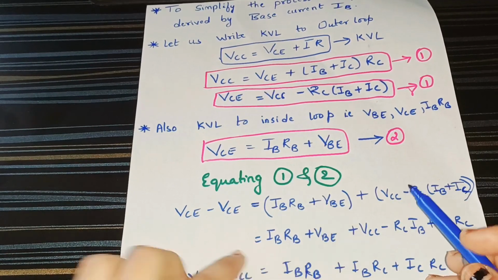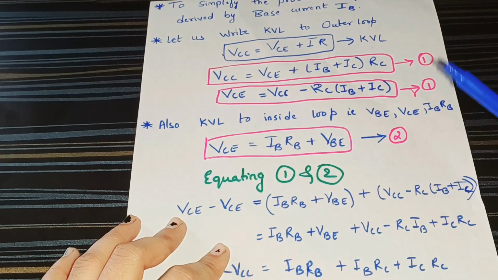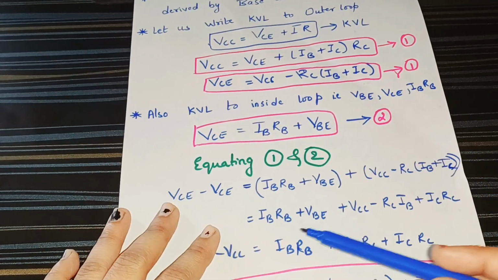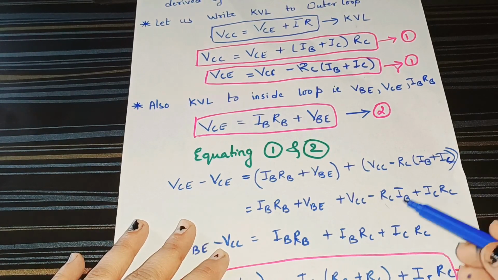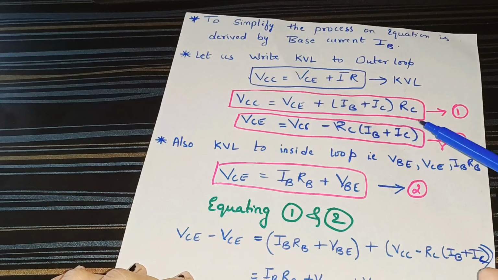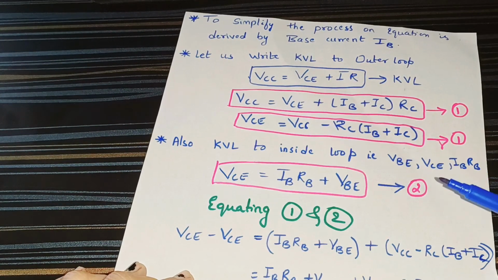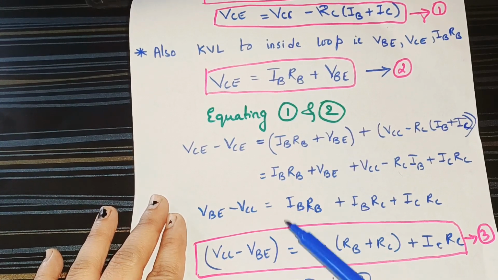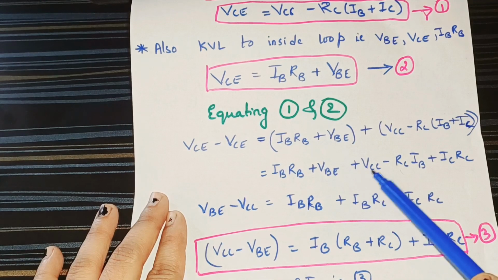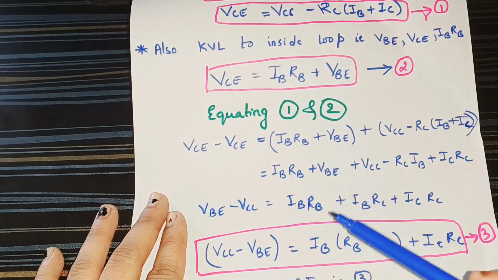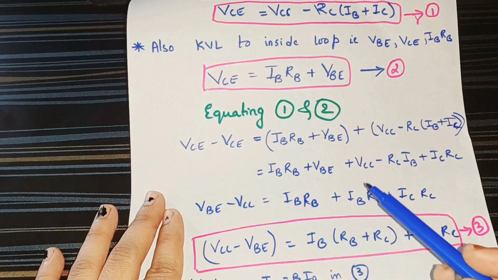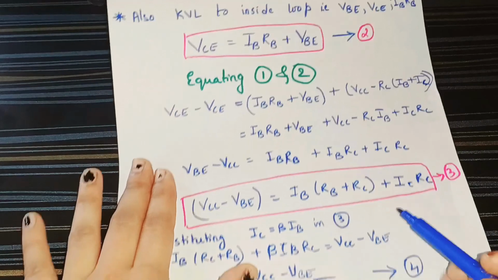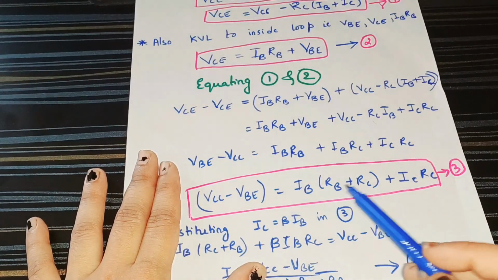Equating equation 1 and equation 2, we get VCC minus RC into (IB plus IC) equals IB into RB plus VBE. So finally we get VCC minus VBE equals the current across the resistor base and the collector current across the resistor itself.